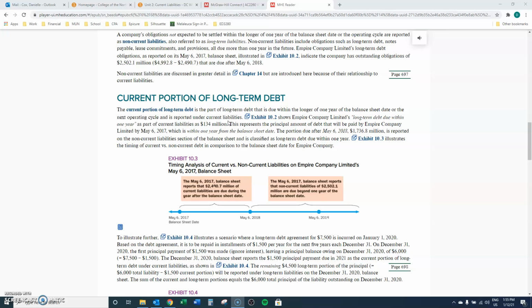So a portion of that long-term debt may be coming due within that 1 year. That would be the current portion of long-term debt, and it's due within, again, the longer of 1 year of the balance sheet date or the next operating cycle. And that gets reported under current liabilities.